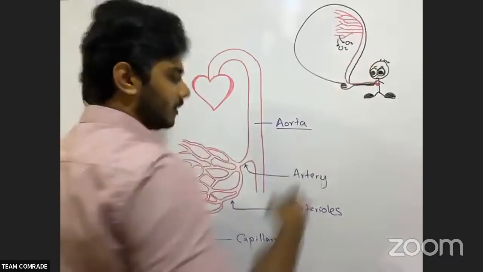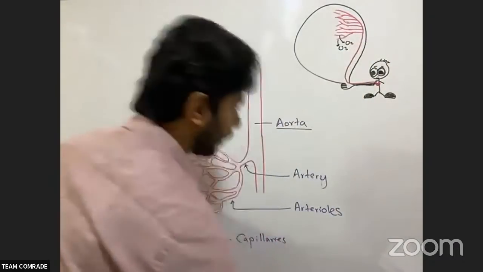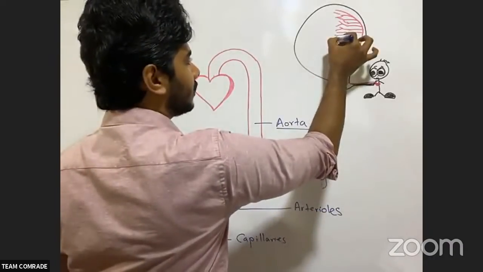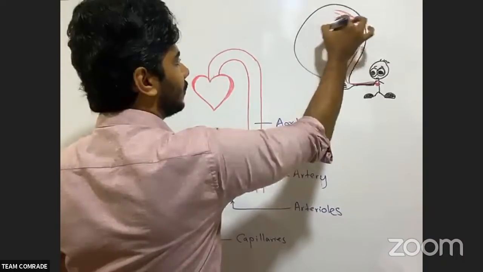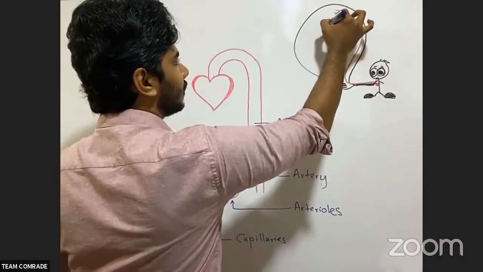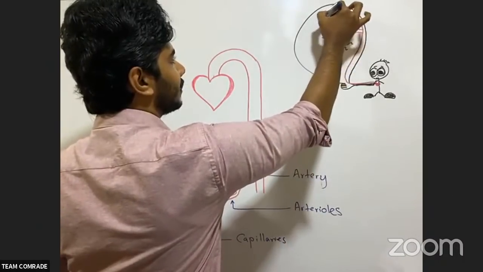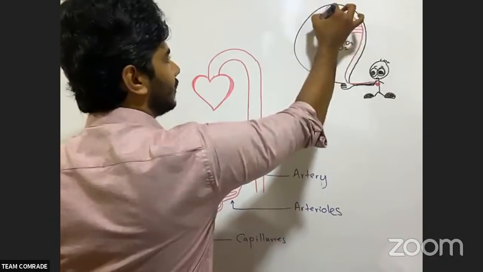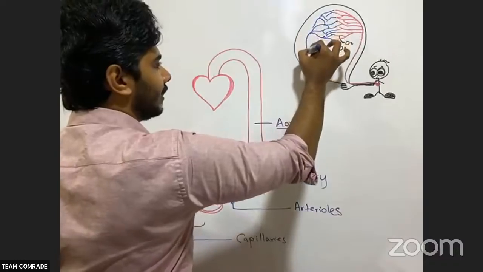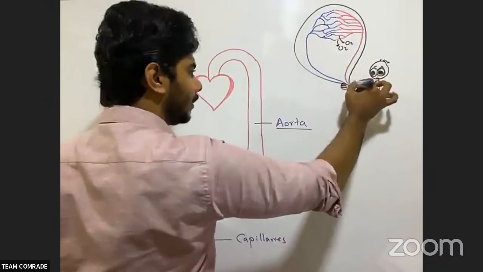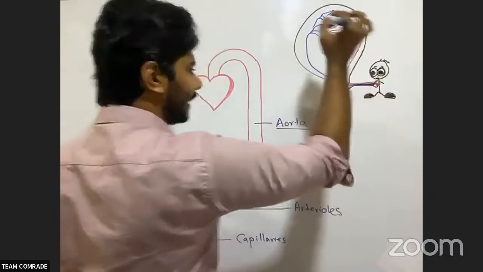When the oxygen goes, that becomes deoxygenated blood. Now you see here, this is coming into capillaries of the veins. Like this they are coming, and they go into the heart.